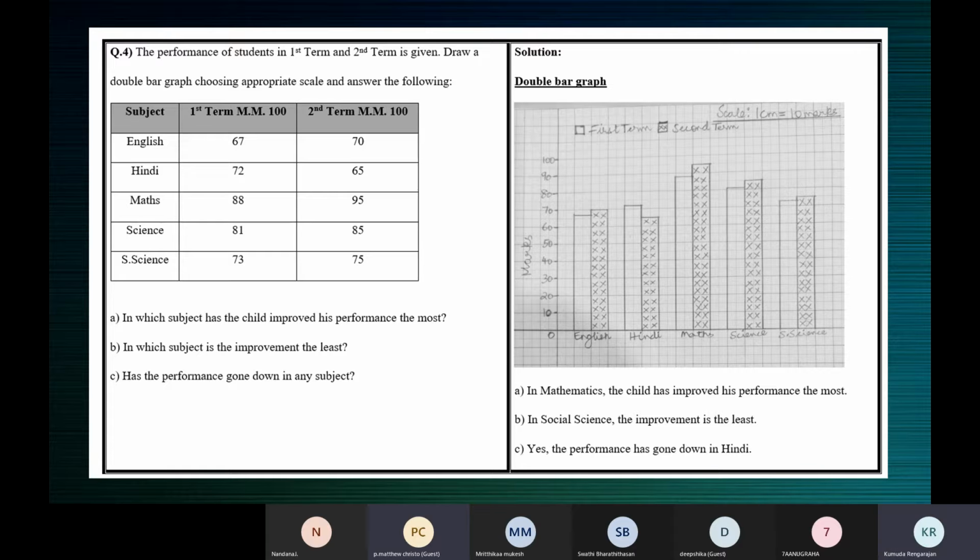Correct. In those we can't measure two for each. Comparison in line graph you can do, but not in pictograph or pie chart. Yes, ma'am.